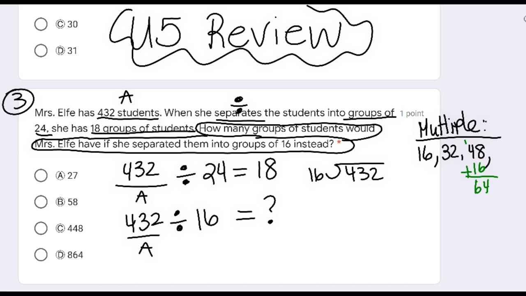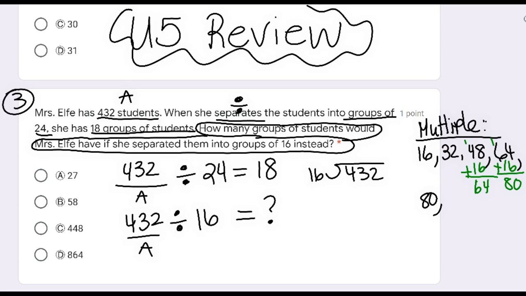Oh, I should have known that was 64. How could I forget? 64. Another 16 added to that is going to give me 80. How could I forget that one? I can remember myself writing these. So the 80, and then I'm going to keep going. Should I keep going? I think I feel good right here. Let's stop at 80. Of course, if we need to keep going, we're not afraid. We know how to do that.